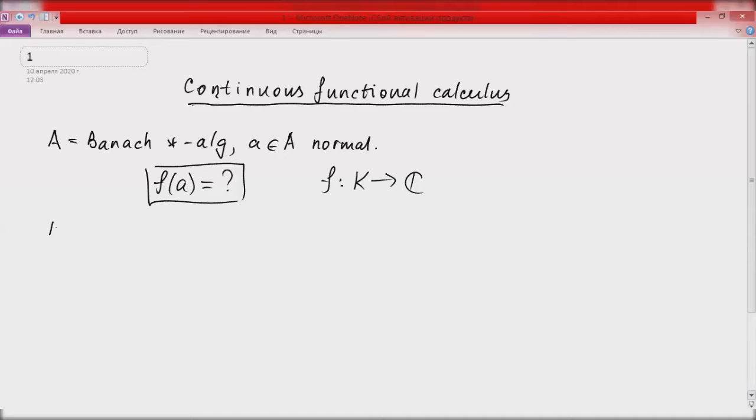So we suppose that K is a compact subset of the complex plane. And let little t denote the inclusion map of K into the complex plane, so t of lambda is lambda.